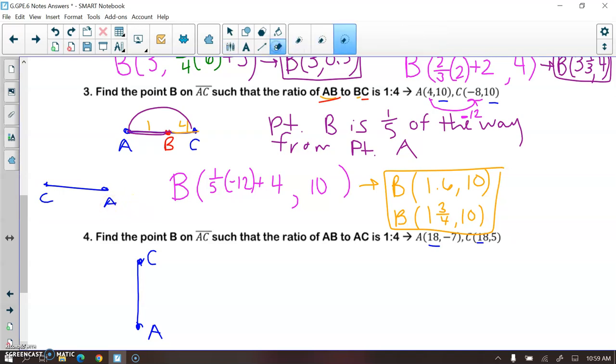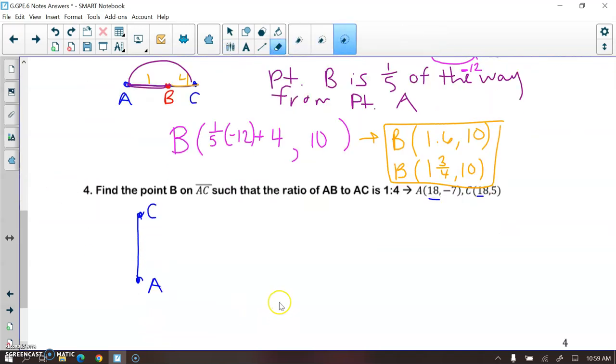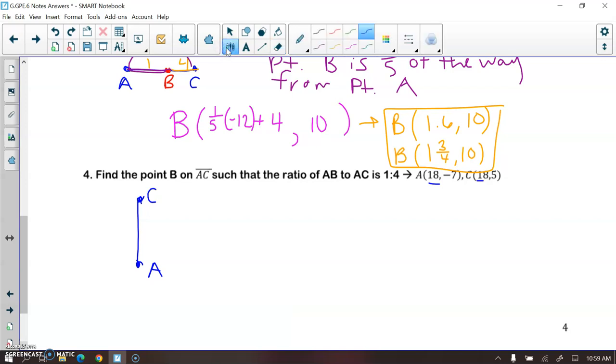All right, but your rough sketch doesn't have to be exact. So for this one, we're going to plot point B somewhere along this line segment such that the ratio of AB to AC, which is the whole line segment, is 1 to 4.